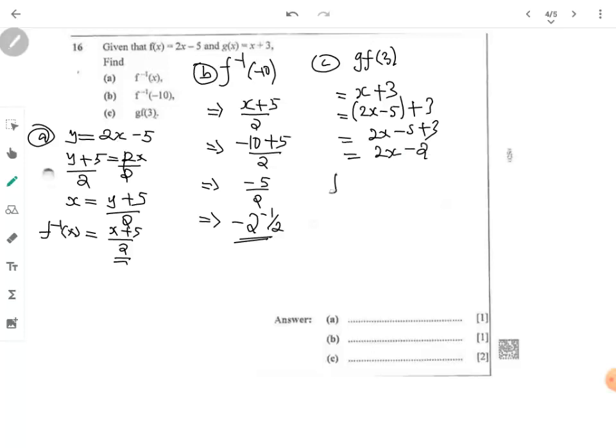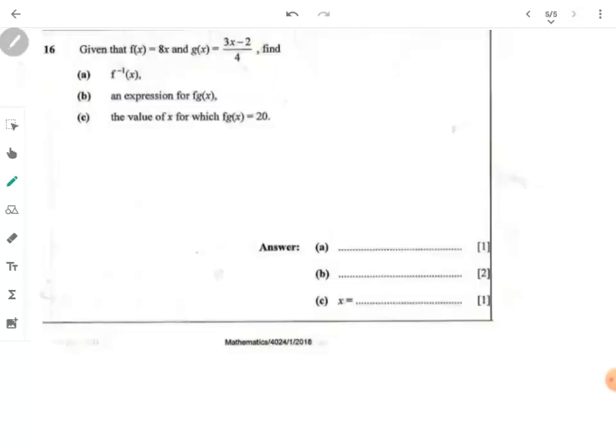Now g of f of 3, this means where there's x, I now put 3. So give me 6 minus 2. This will give me what? 4, and you're done. The last one. You've got f and g.